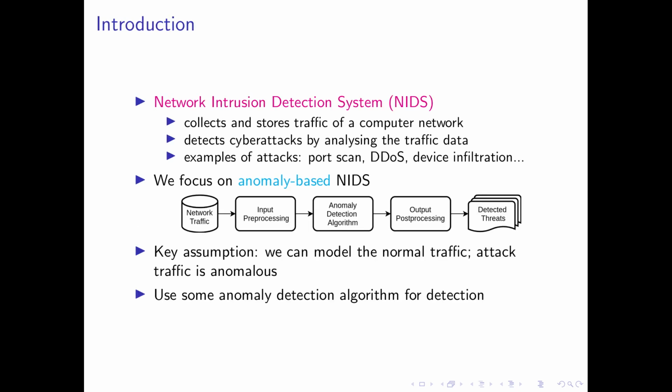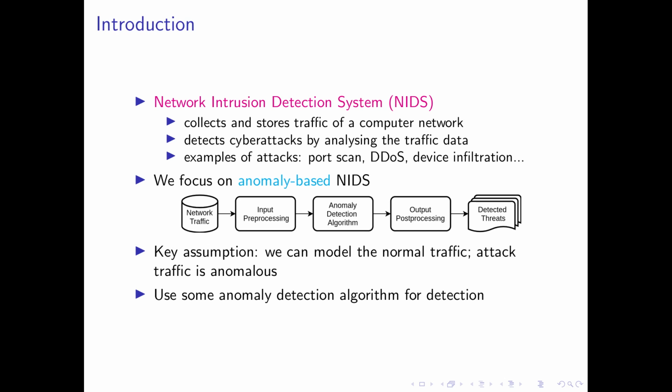Okay, so let's begin with talking about what is a network intrusion detection system. Basically, the system is used to protect a computer network against malicious activities, which we call cyber attacks.